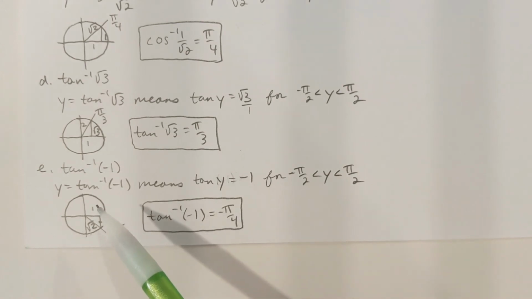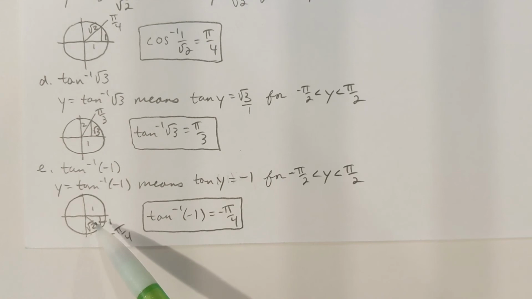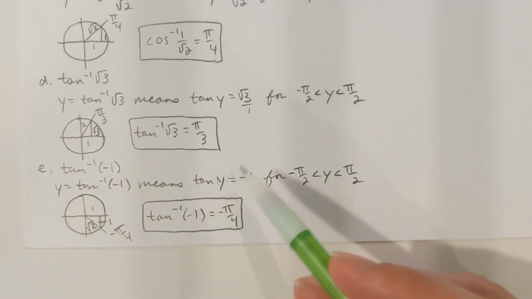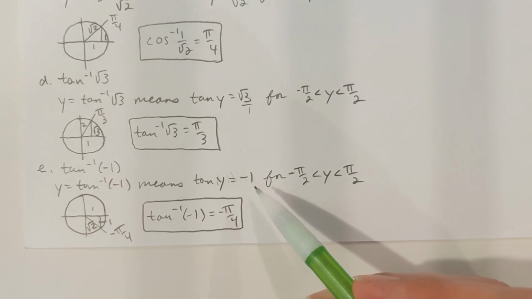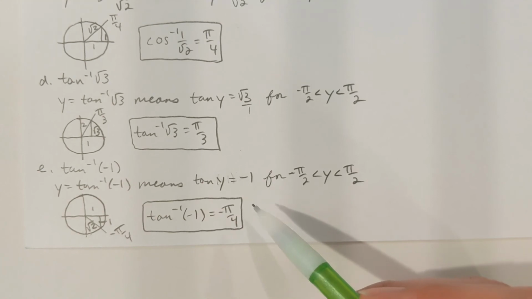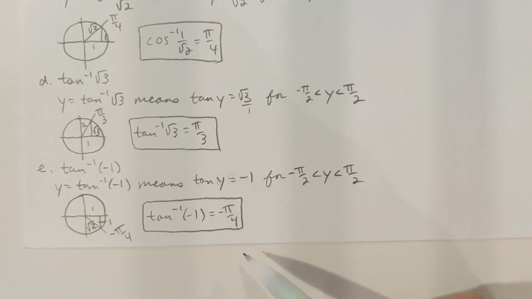So this triangle is going to be either in quadrant 1 or quadrant 4 when I draw this. Tangent of an angle is opposite over adjacent. So I'd want to think of negative 1 as negative 1 over 1. You could also think of negative 1 as 1 over negative 1, right?